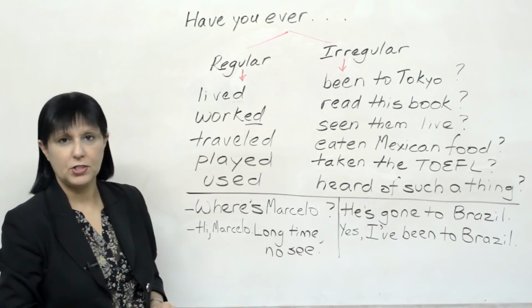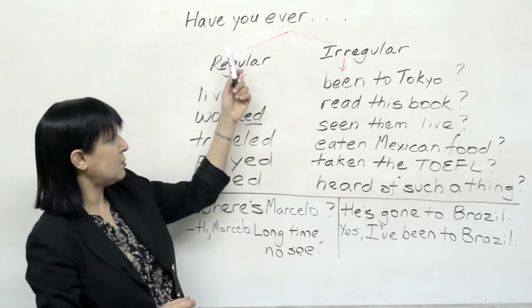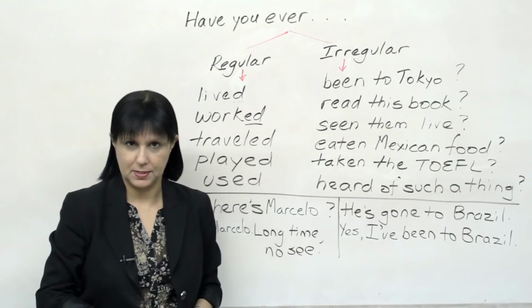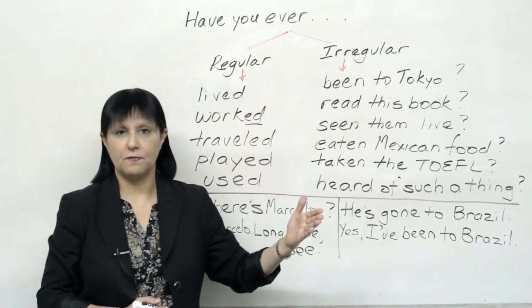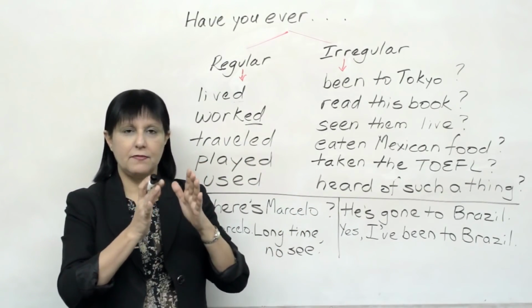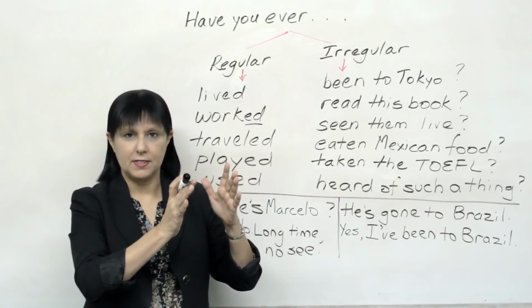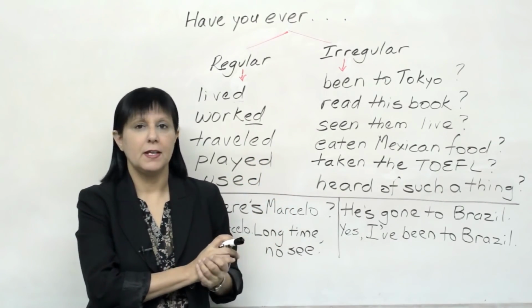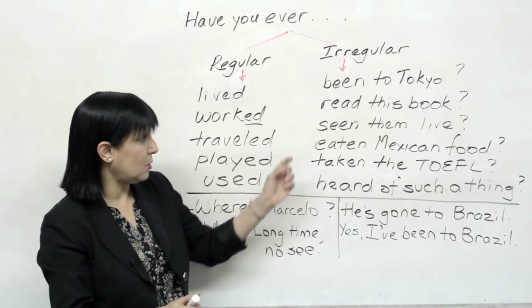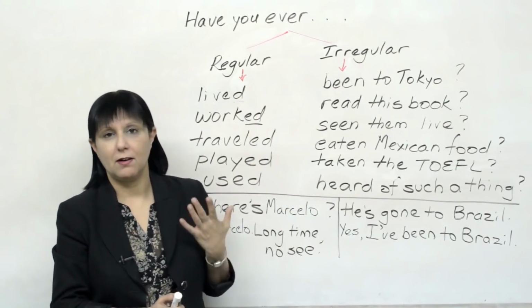It becomes a little more challenging when we use the present perfect with irregular verbs. So irregular verbs are those which have a different form as they have the base form, they have the simple past form, and then they have a third form, right? And that's the past participle, which you have to learn by heart.